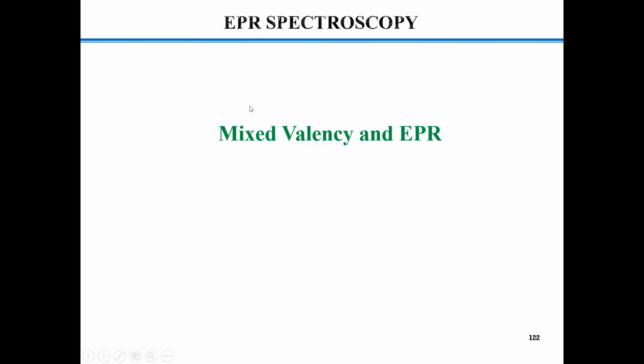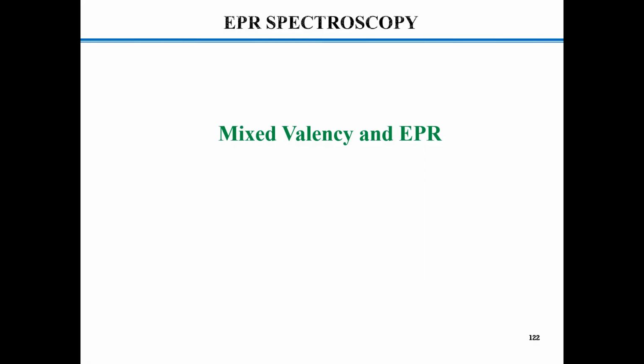Okay. So now there is another topic which I thought to cover. It's just an ocean. Ocean means again the electronic structures, and electronic structure under the banner of mixed valency.